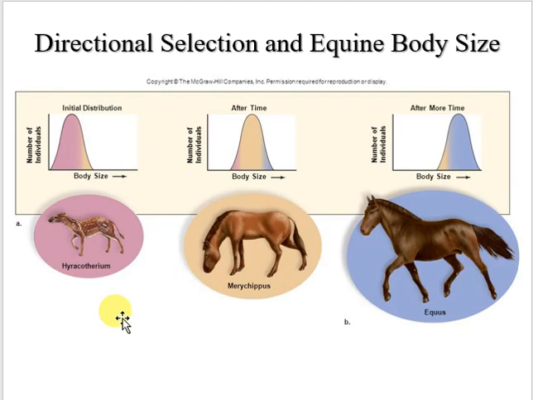It was more of a forest-dwelling species that was only about the size of a dog, so very small body size. Now, over years of evolution, there was a change in environmental condition and structure, where there was a shift from forest habitats into grassland regions.